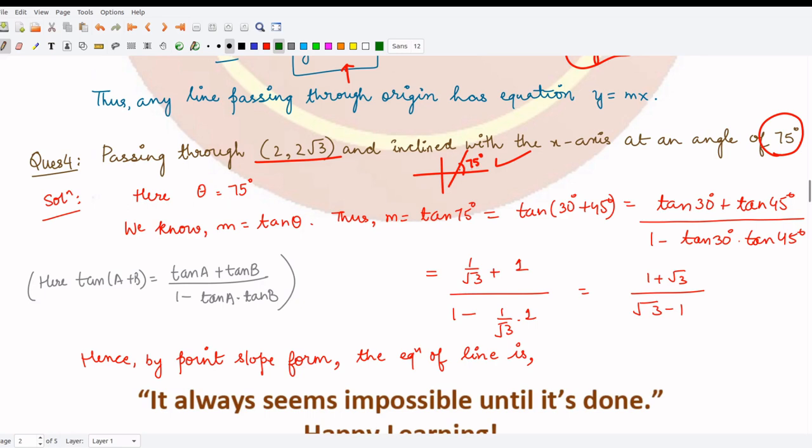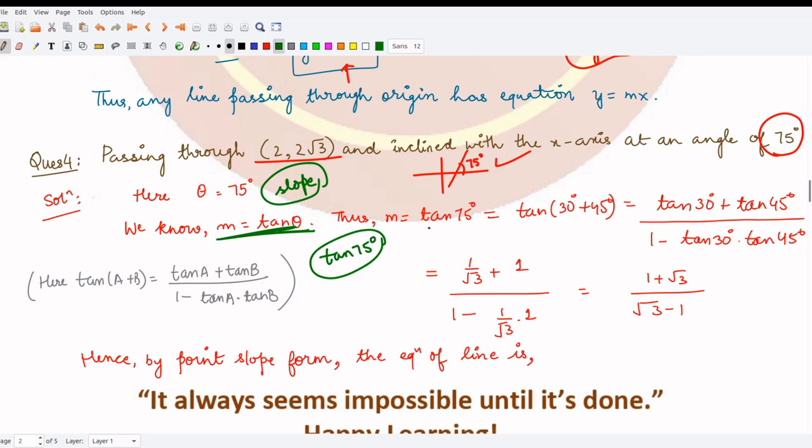First of all we have to calculate the slope here. It is not directly given to us. For the slope we have the formula m equals tan theta. Directly calculating tan 75 is not so easy, so we have to apply the results of trigonometry.